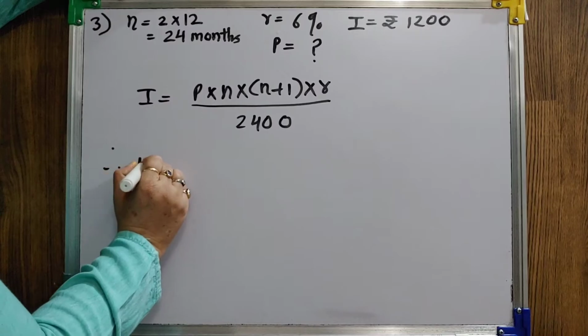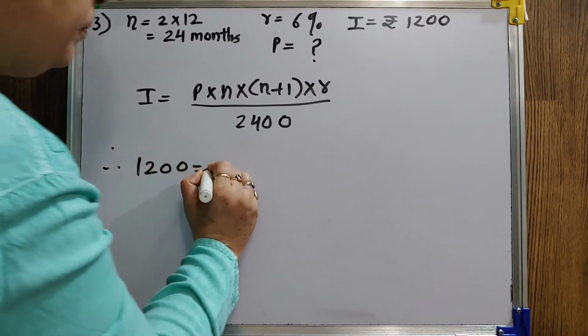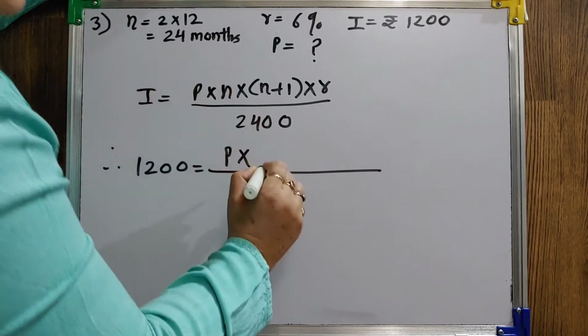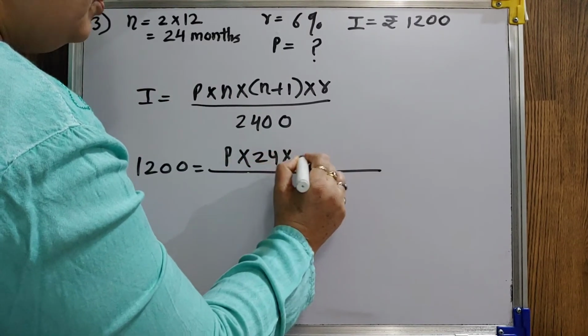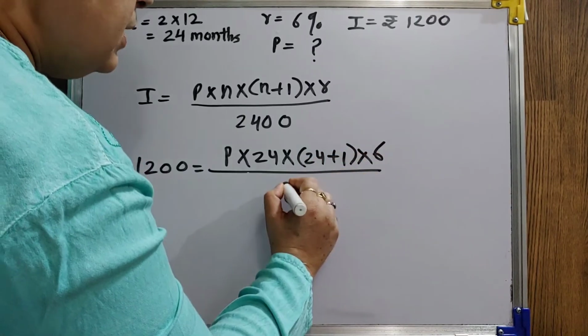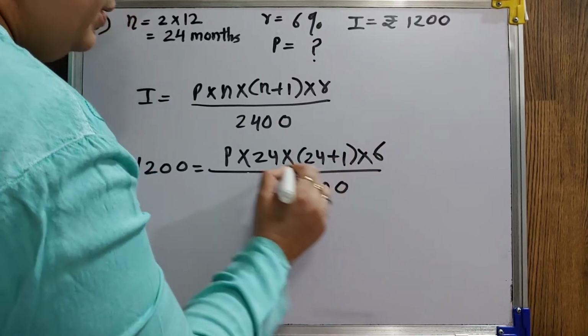Now, interest is given, 1,200. Principal amount, that is my monthly installment, I don't know. This is 24, 24 plus 1 into 6 upon 2,400.